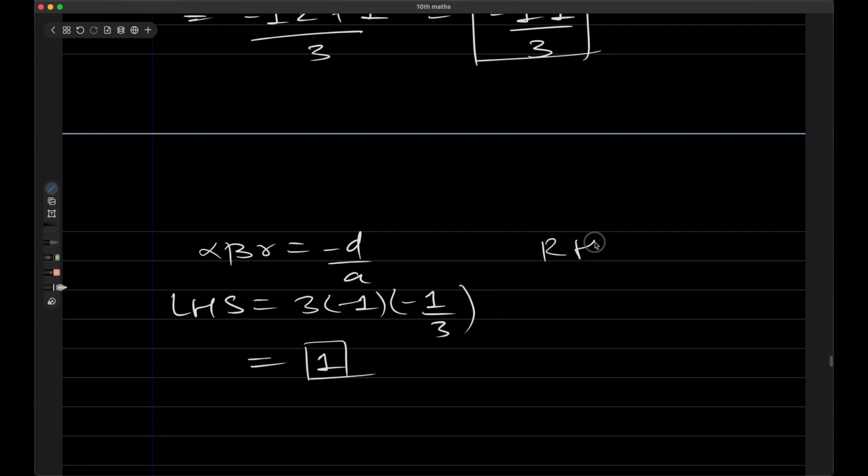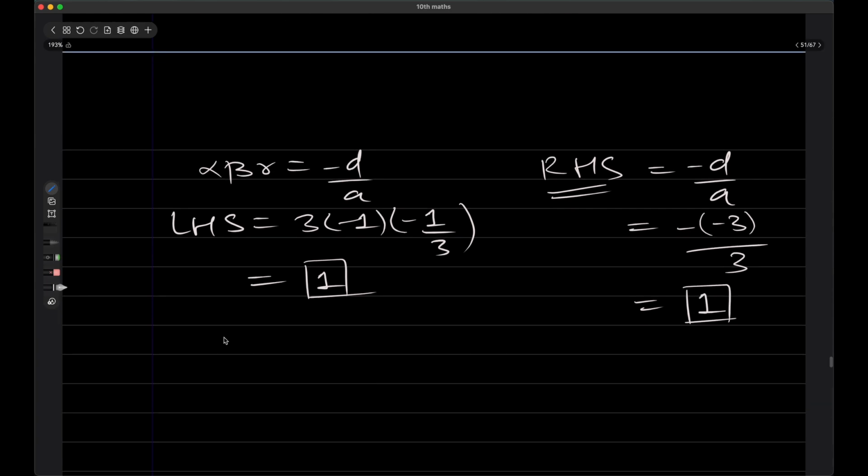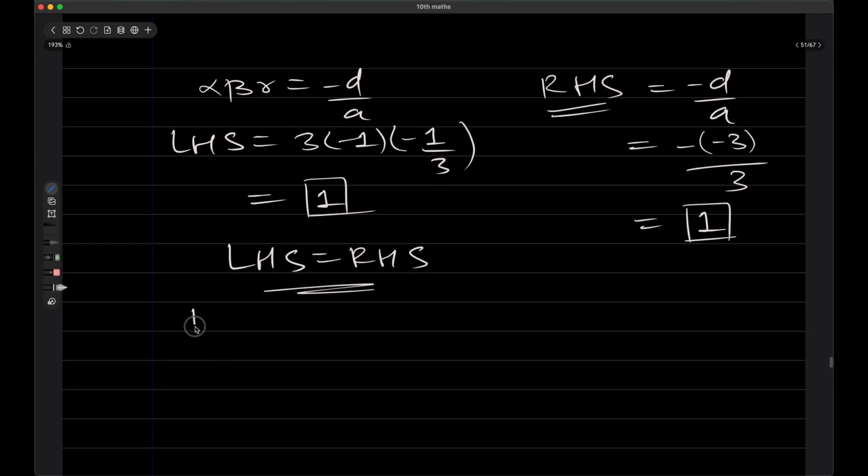For the right hand side, minus d divided by a, d is minus of minus 3 and a is also 3. So minus into minus is plus, 3 gets cancelled, that is 1. We have LHS equals RHS for all the verifications. Hence verified.